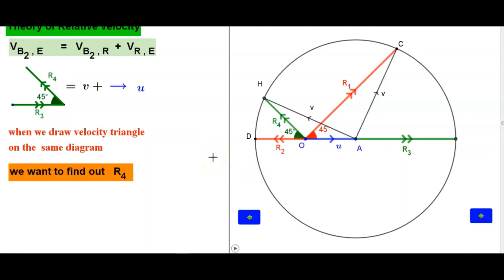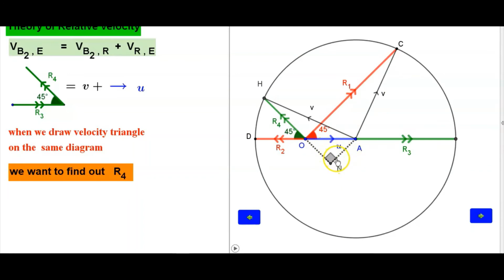We want to find out R4. How to find out this R4? Produce this line HO. Then from A, draw a perpendicular, that is AN.